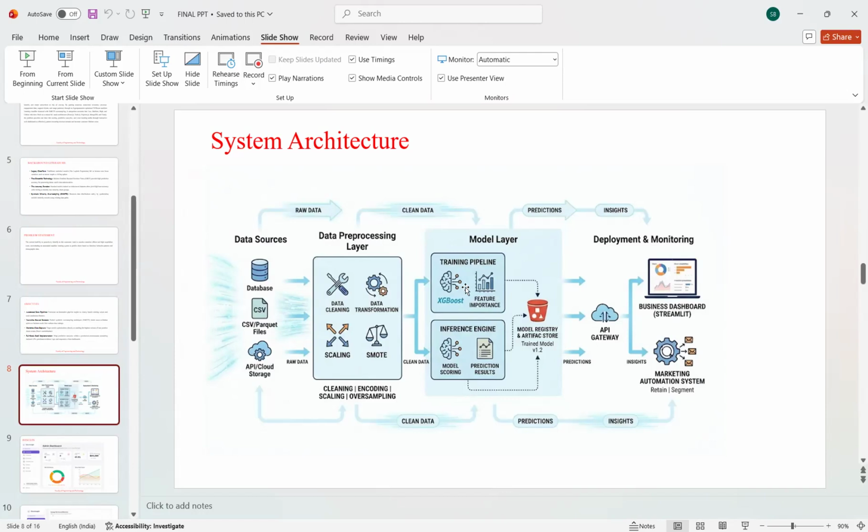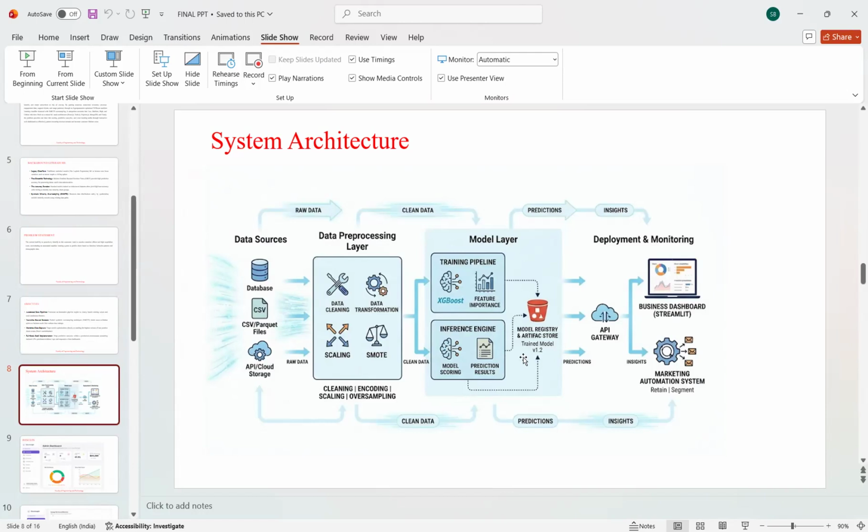Here it gives high accuracy, fast training, handles missing values, and prevents overfitting. Next is the inference engine. Here it predicts and scores the input data. Model registry and artifacts: it stores the trained model and makes sure it predicts the output correctly.